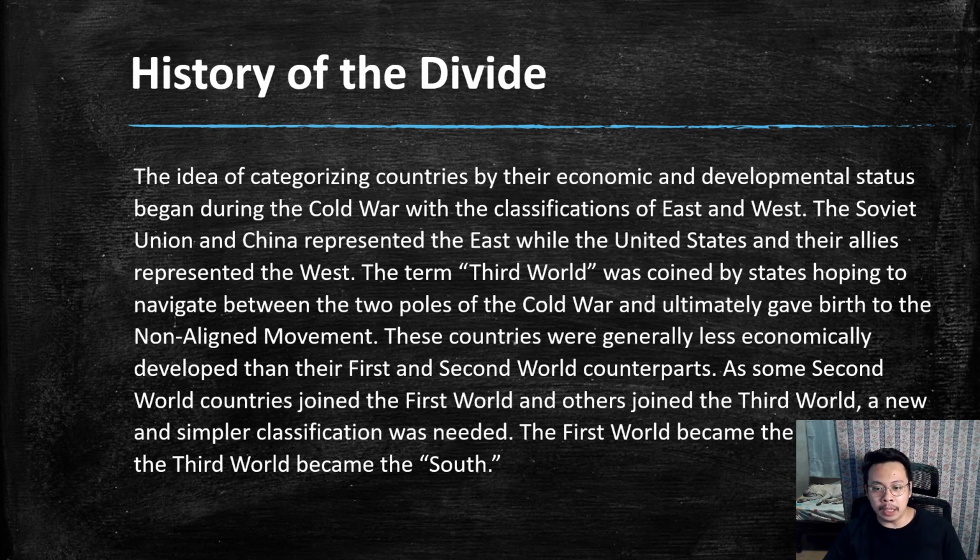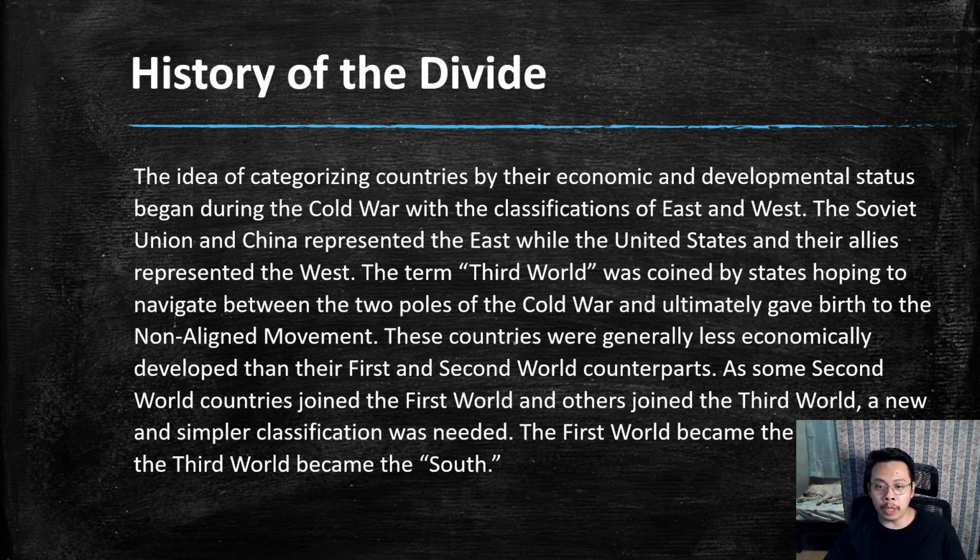Now, these countries were generally less economically developed than their first and second world counterparts. Now, as some second world countries joined the first world and others joined the third world, a new and simpler classification was needed. So the first world became the north, while the third world became the south.